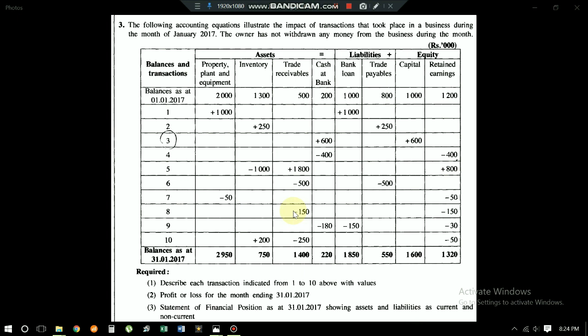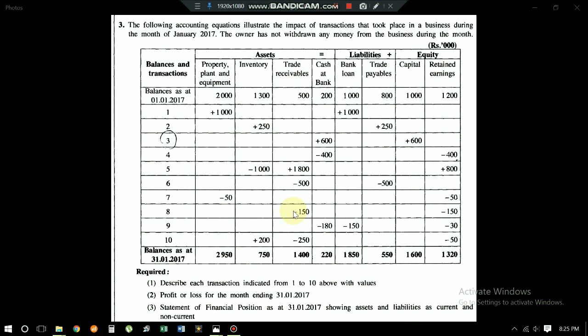Equity is divided into 2 in this question as capital and RE, retained earnings. As I said earlier, equity will change due to 5 reasons. Out of those 5, drawings has been removed in the question itself. That means only 4 reasons are available: initial capital, additional capital, income and expense. Retained earnings means a similar word, retained profits.